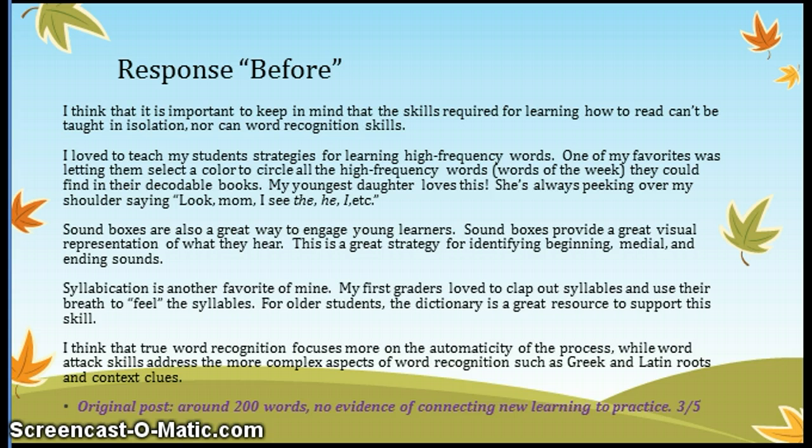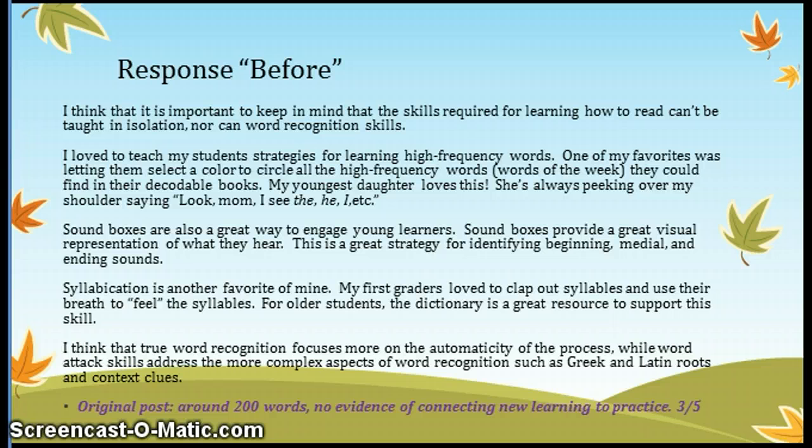So it's obvious that this student in our class has a lot of experience with teaching word recognition skills. But what I also see in this is that they're looking at a lot of these word recognition skills as skills for phonemic awareness.